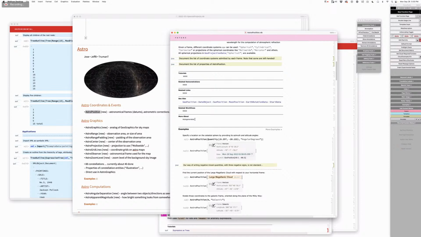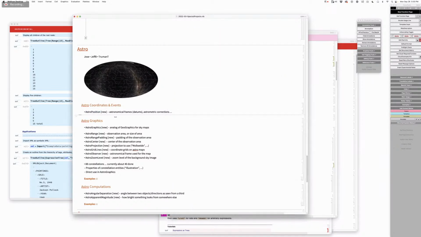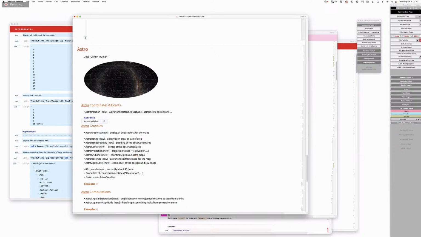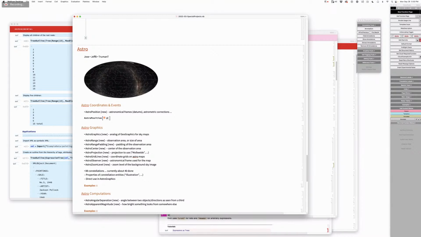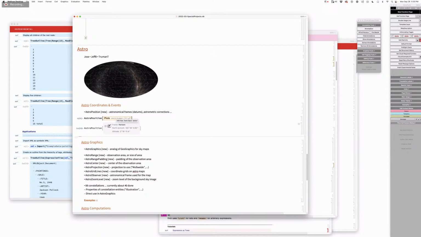So try something, astroposition of some celestial object. And remember that the first time that we evaluate, it will download data if you don't have the data already. So it may decide to download. Yep. Okay. So now how do I draw where that is in the sky for me?